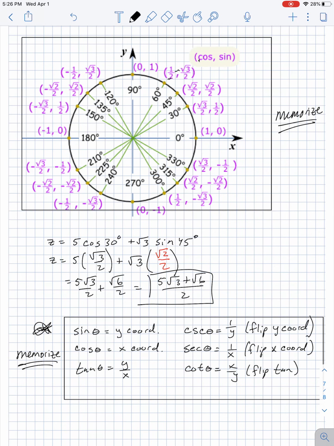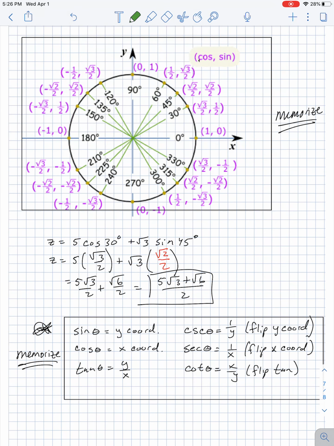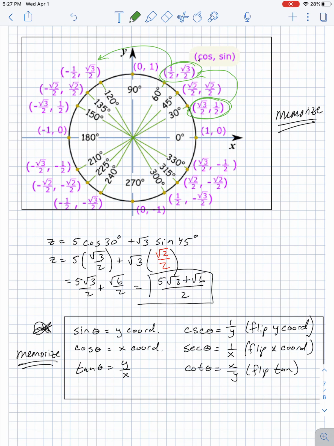If you choose to memorize this, let me show you what the pattern is, because it's not as bad as it looks. Let's take green here. Okay, I memorized this first coordinate. This first coordinate is root 3 over 2, 1/2. I remember that. And then the next increment of 30 degrees, which is the 60, the values are flipped. Okay, the next increment of 30 degrees, the numbers are not flipped.